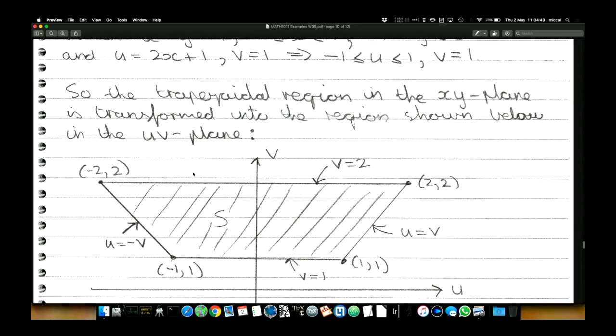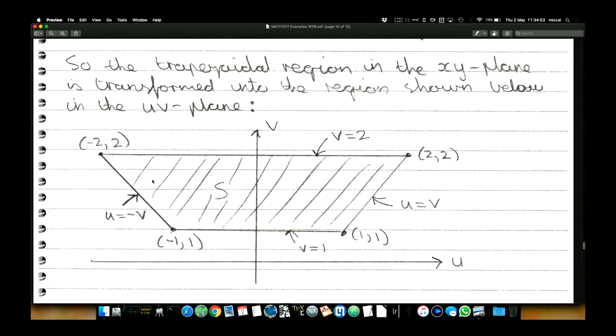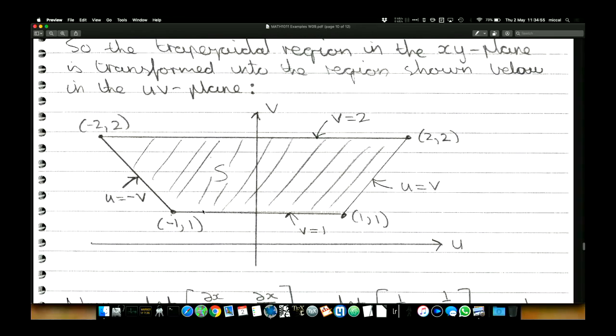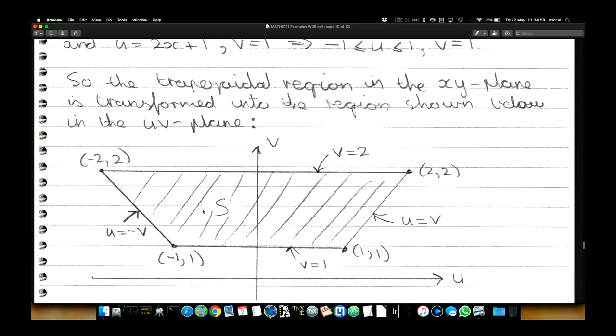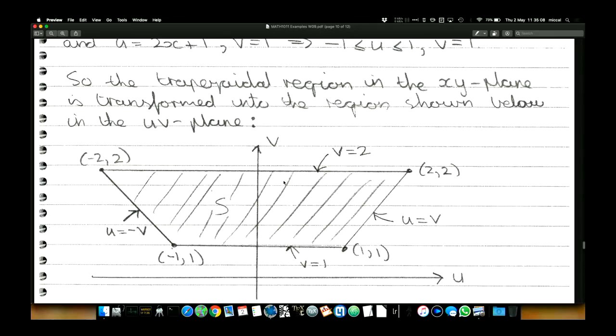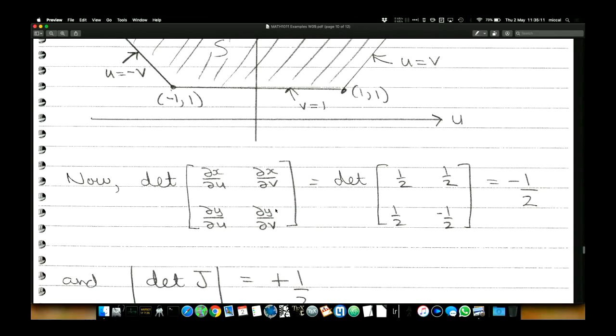It's another parallelogram, what's the word I'm looking for? Trapezoid thingy. That's not too bad, but I'm forcing myself to integrate with respect to u first. So I see u's got to go from here to here, and v's got to go from here to here. And I just hope it works. And you need the Jacobian.